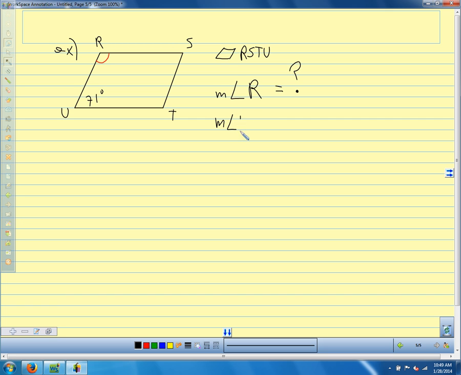Measure of angle R is 180 minus 71. And that gives us, when we do that subtraction, 109 degrees. So we know that's 109 degrees. This angle would be 109 degrees. That angle would be 71 degrees. Any two in a row have to add up to 180. Two across from each other have to be the same. Questions there?